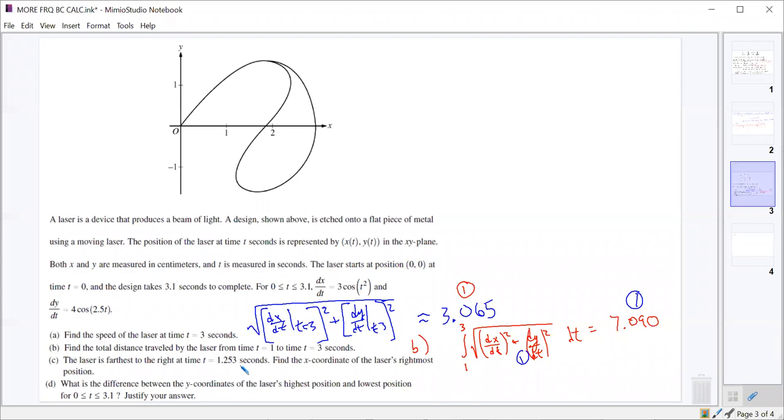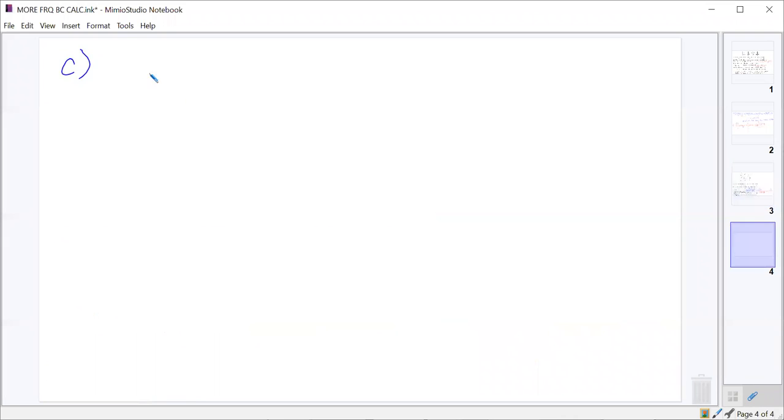And then we'll add our initial condition to it, but our initial condition was 0, so we don't really need to worry about that. So part C should just be the integral from 0 to 1.253 of our dx dt. And that came out to be 2.932.